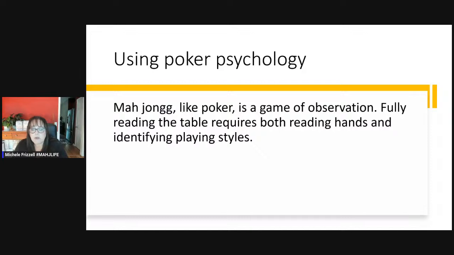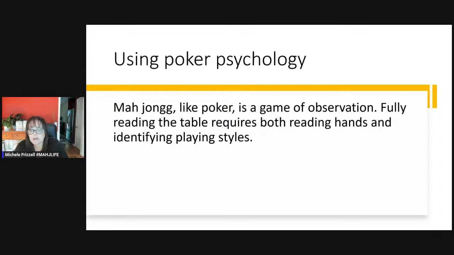Mahjong, like poker, is a game of observation. Fully reading the table requires both reading hands and identifying playing styles. If you're not used to this yet, reading hands is where you monitor the exposures and survey the discards to try to figure out what your opponents are playing. That's reading hands.